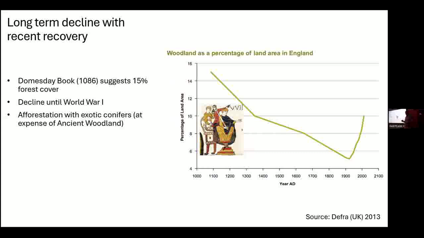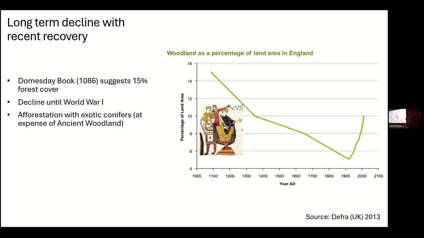We've got forest records as well. We can start to put together a picture of the decline of forest cover from about 15% in the year 1000 down to around 5% forest cover, woodland cover, by the start of the 20th century.